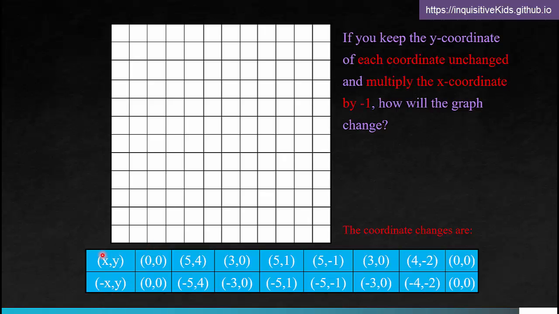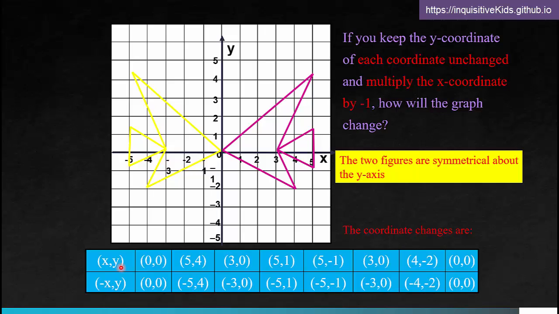As you can see, the x is now its opposite value and y is the same because you multiply the x-coordinate by negative 1. So this was the original shape. If you reversed it, then it would have been another shape. It sort of looks like a type of kite or fish to me. The two figures are symmetrical about the y-axis.